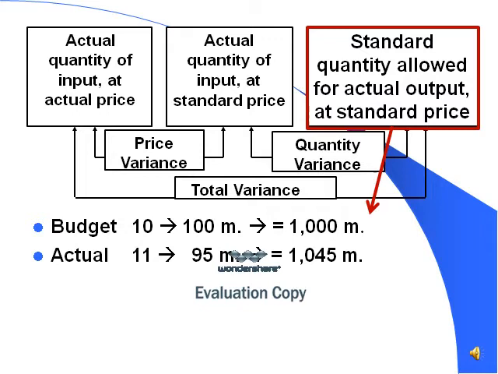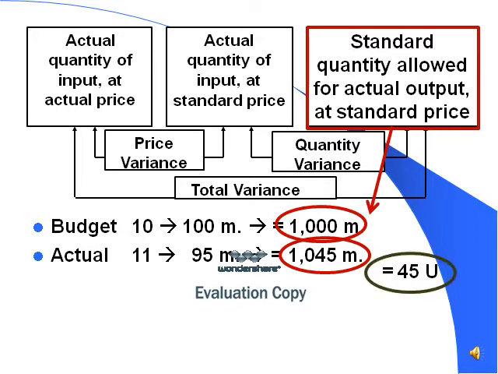If the actual result is 11 units, and a unit used 95 millimeter, the actual quantity is 1045 millimeter. The quantity variance here will be 1045 minus 1000 equal 45 unfavorable. Why unfavorable? Because the actual quantity is greater than the budgeted quantity.